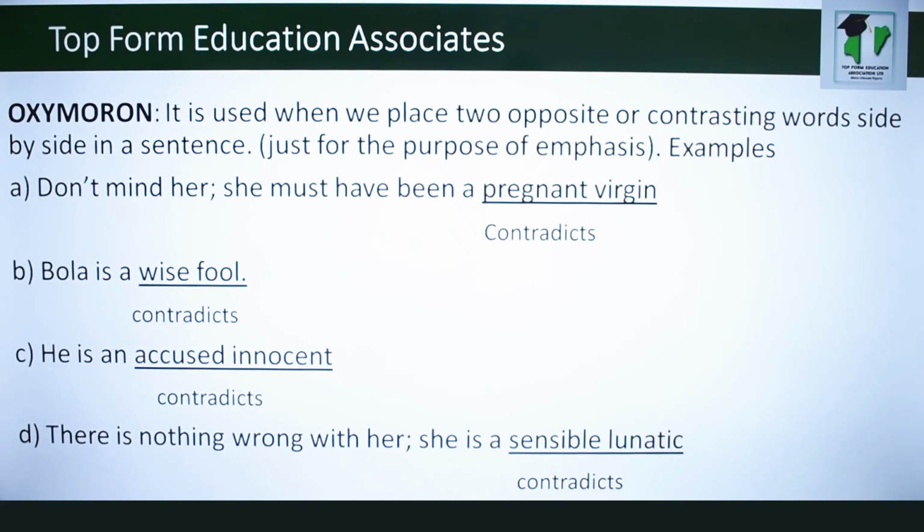Of course, pick your dictionary and check them up. They are actually opposites, really contradictory. Somebody cannot be sensible and at the same time be a lunatic. It cannot work. It's impossible. Exactly. But the important thing here is that they are just there for the purpose of emphasis.